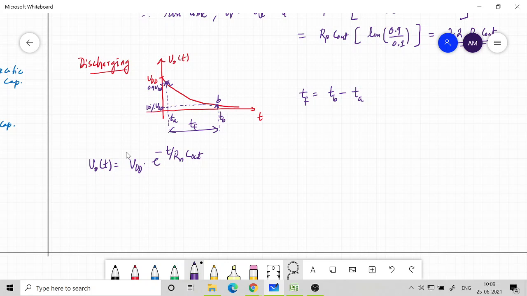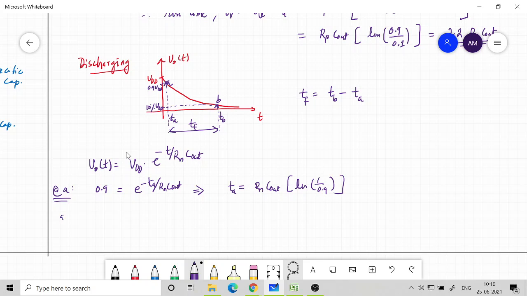Now, like before, for 90% at point A, it is 0.9 equal to e raised to minus TA by Rn C out, which means that TA, taking the log, is going to be Rn C out into ln of 1 by 0.9.